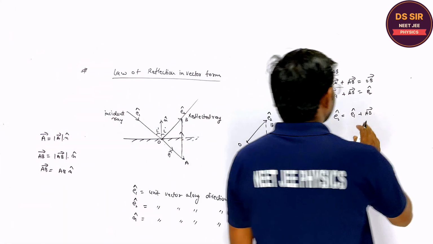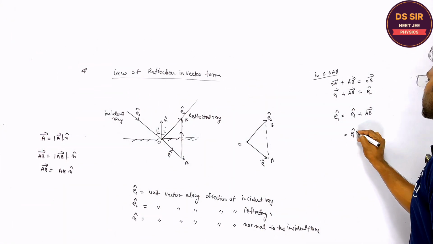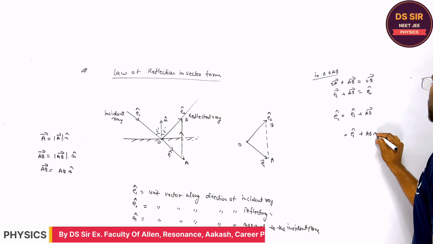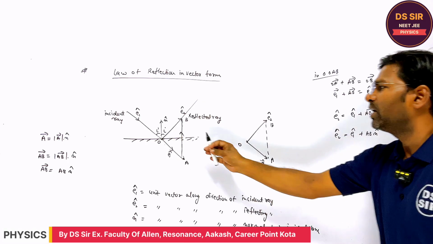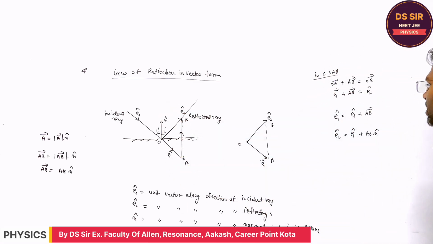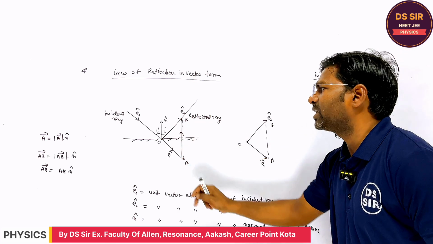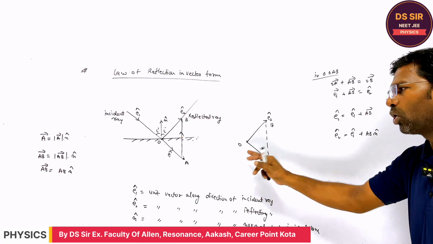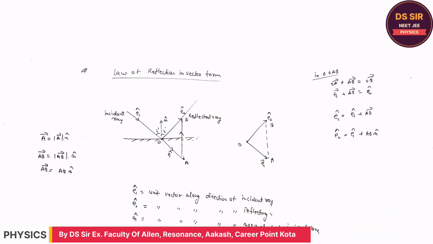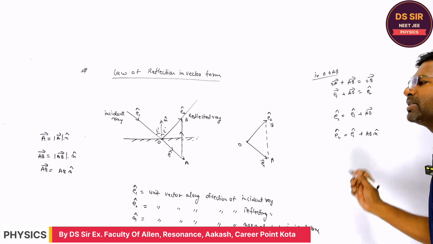The AB vector and the normal vector are in the same direction, right? So you have to find this AB magnitude. Is it clear or not, you tell? Copy this first. You have to find this distance AB.